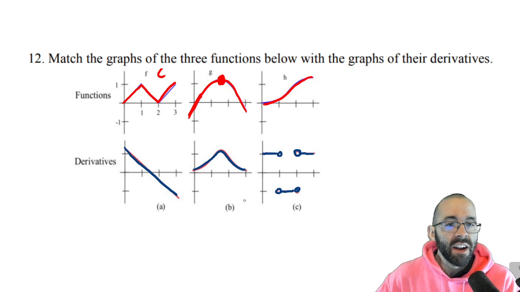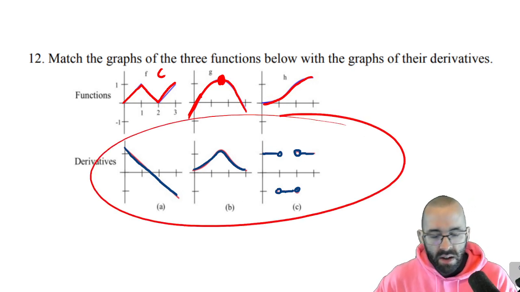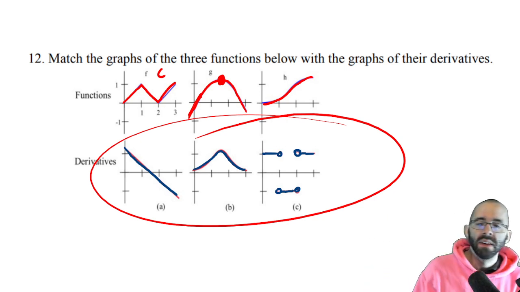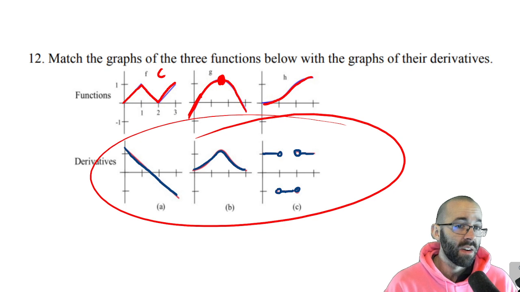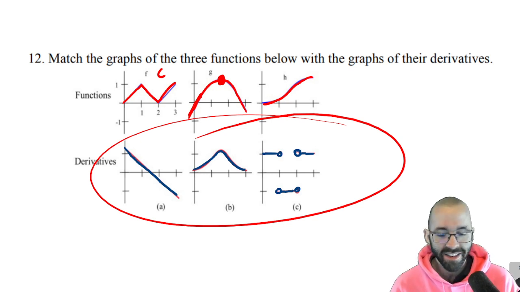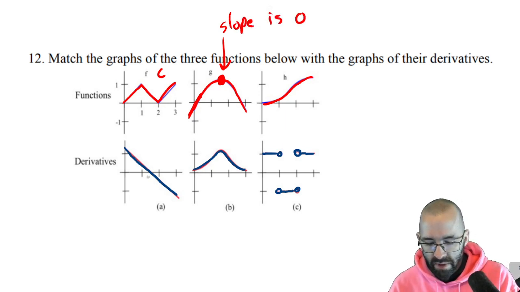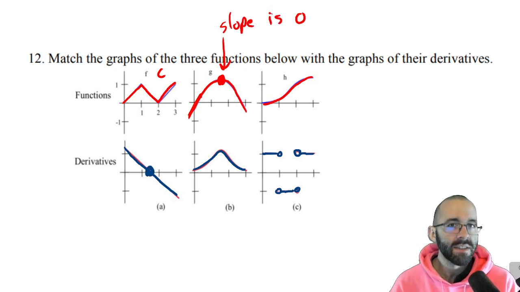At 1.5, at an input of 1.5, the slope should be 0. Which one of these has a value of 0 at 1.5? Right here, slope is 0. Slope is 0. Blue is slope.